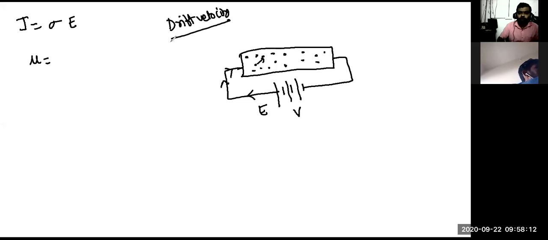Drift means the particles are moving whenever energy is applied. That type of motion is called drift motion. So mobility is defined as the ratio of drift velocity of the electrons to the per unit amount of electric field applied. Okay, fine. So Vd is equal to mu E.